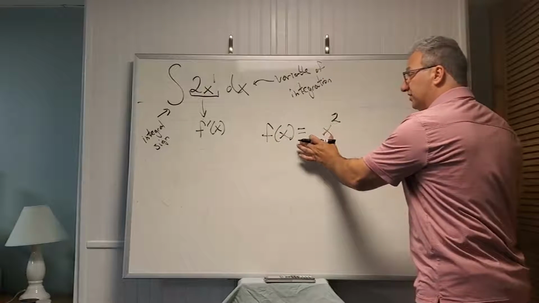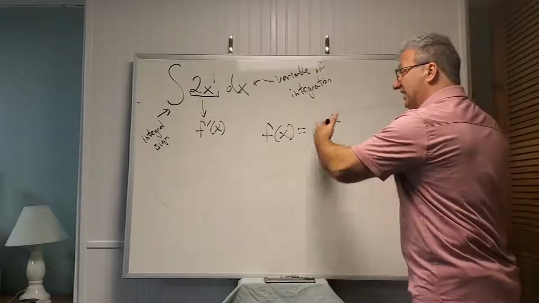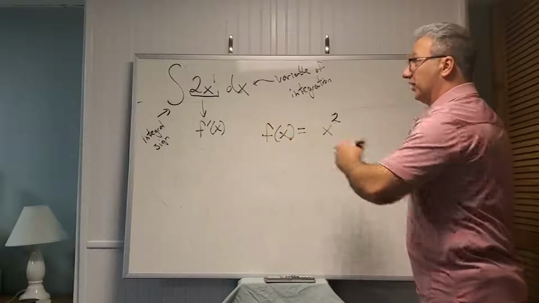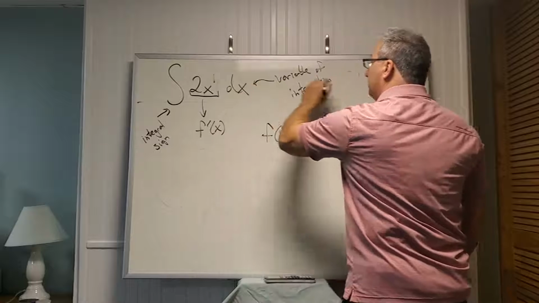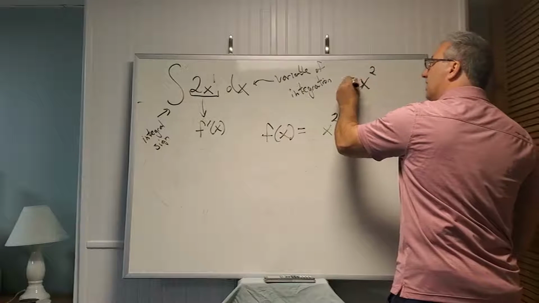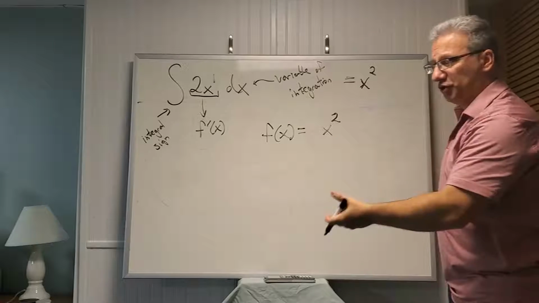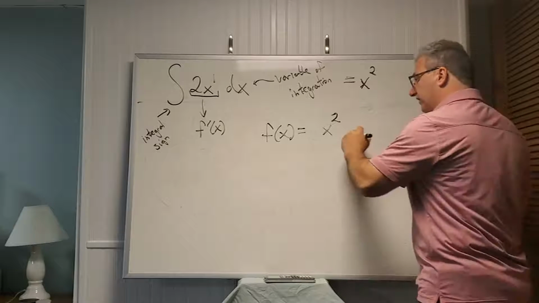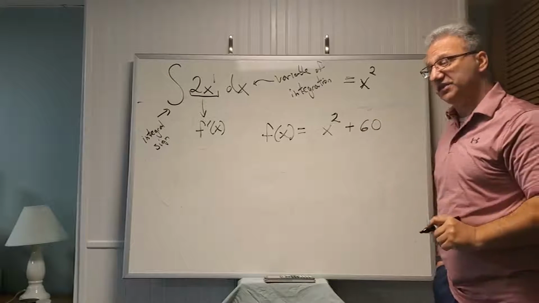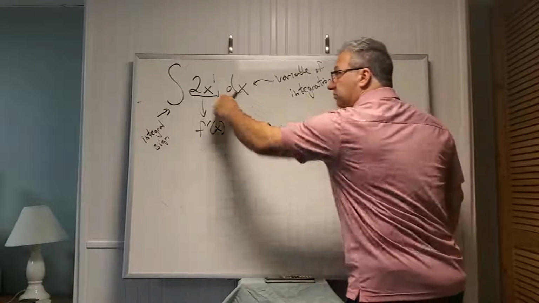So this is the first chance for us to find the indefinite integral, the antiderivative. There it is. It's x squared. So the answer to this would be equal to x squared. But that's not the complete story, because what if I said it was x squared plus 60? Well, let's check the derivative of this. The derivative of x squared is 2x. That matches.